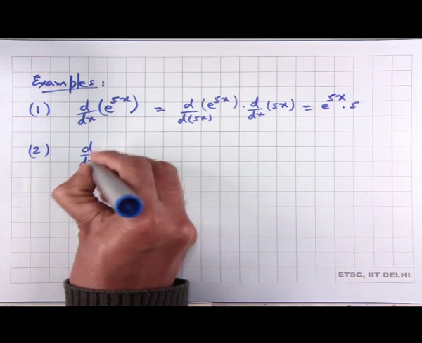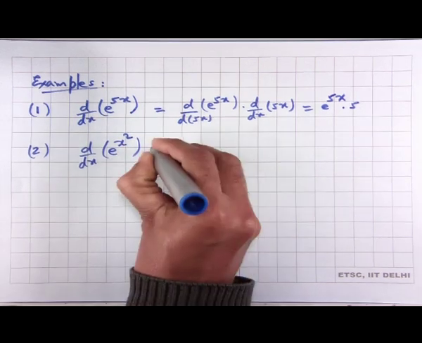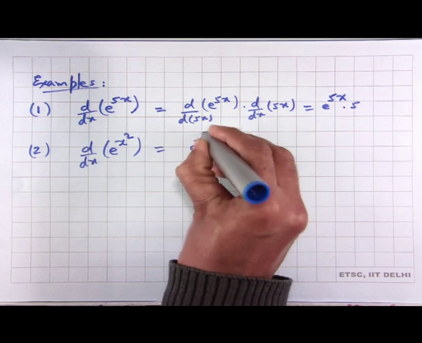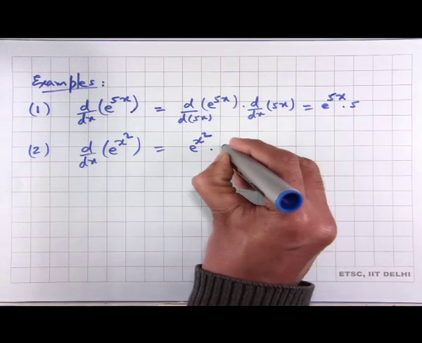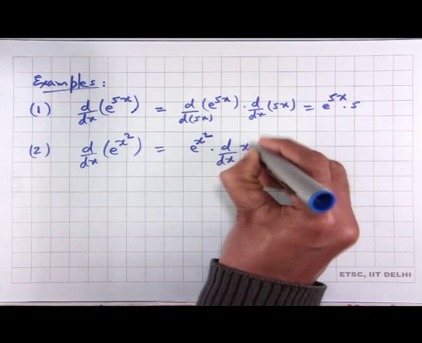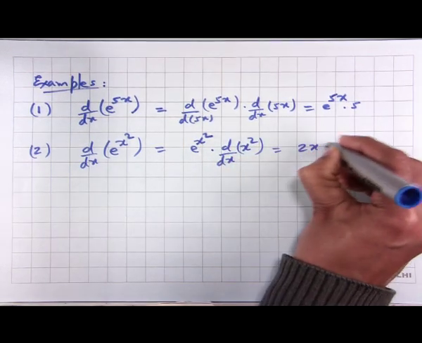What is the derivative of e to the x square? The derivative of the exponential is itself, but then I have to differentiate x square by the chain rule, which is 2x. So, I get 2x times e to the x square.